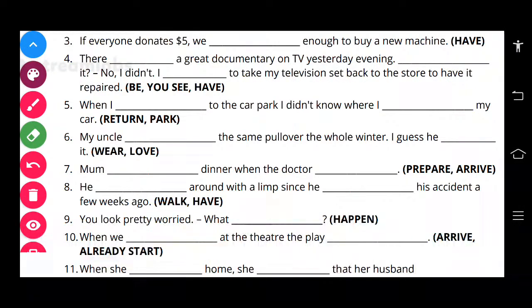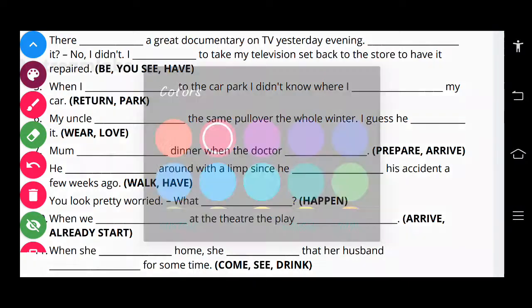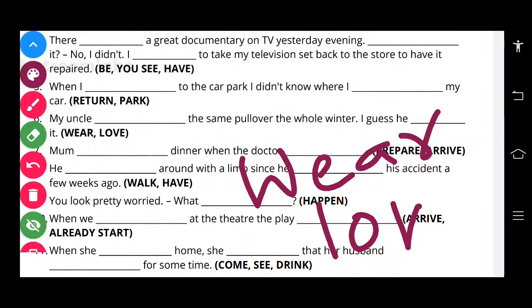To use it, we were given two verbs: wear and love.